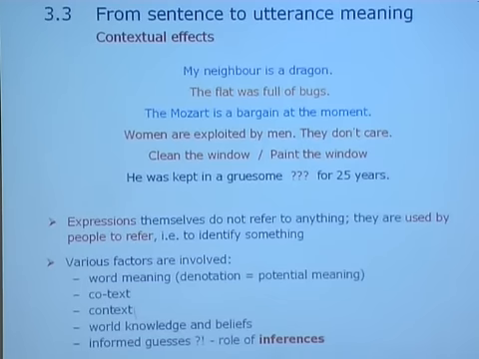Okay, so expressions, these words and phrases, they don't refer to anything by themselves, but they are actually used by people, speakers and listeners, to refer. And in these processes of reference assignment, we make use of different kinds of information.